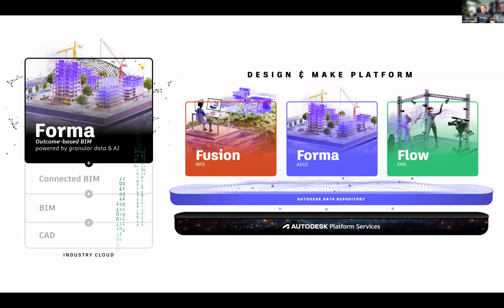What connects all of these platforms together is a common data layer in the cloud. For AEC, Forma is becoming our outcome-based environment that's powered by granular data and AI, which allows us to connect early design with BIM and CAD. This is the foundation that enables more integrated, more intelligent workflows across the entire life cycle.